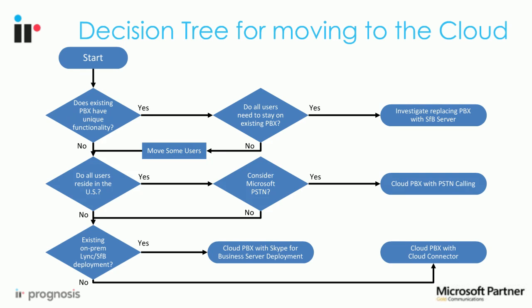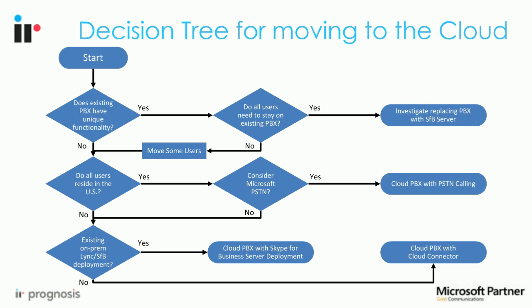But if your users are not in these regions, then you can utilize an existing on-premises Lync or Skype for Business environment to provide PSTN connectivity to the Cloud PBX. You can still move users to Skype for Business Online and have them utilize Cloud PBX, but the PSTN connectivity part of it can come through an on-premises Lync Server 2013 or Skype for Business Server 2015 environment.